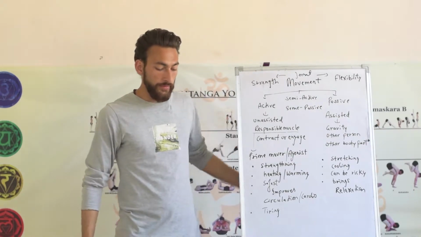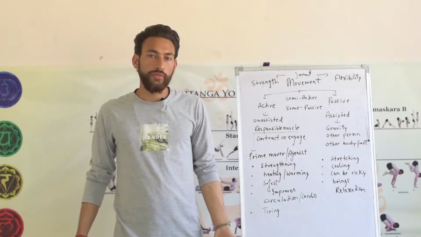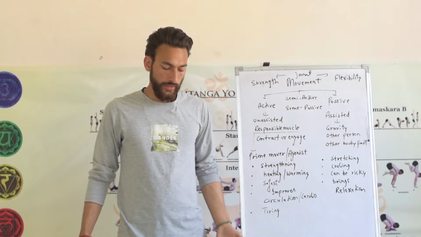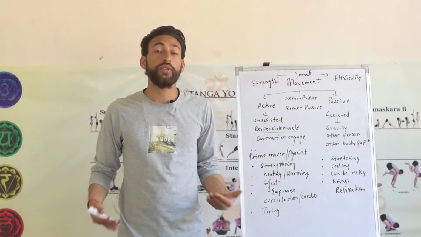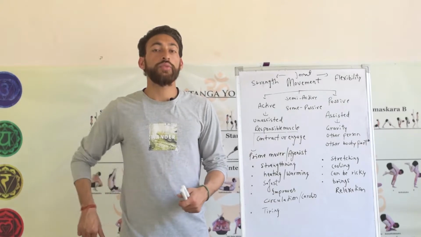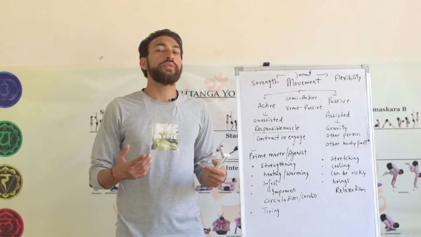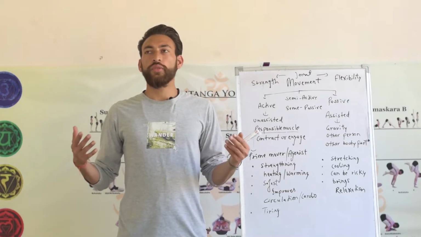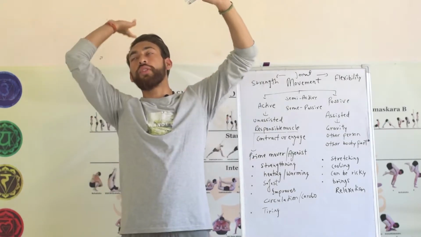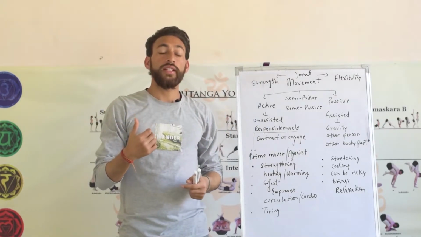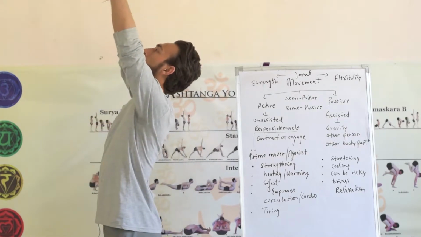Example, let's say you come to a yoga class and you want to practice for yourself, and you want to do a back bend. It's not a good idea to do back bends like standing wheel pose or trying to walk to the wall. Let's say I'm bending backward like this.